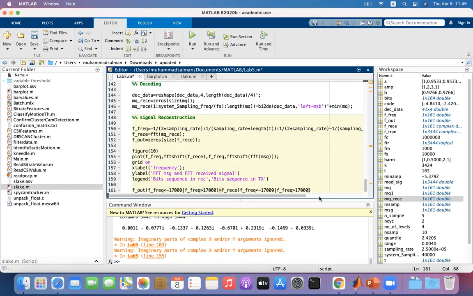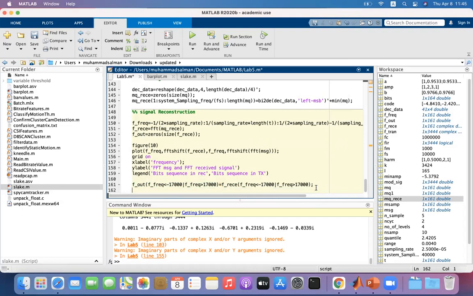Okay, now I have to apply some gain here. So gain means, for example, I'm saying that gain is equal to 4. It means I want to increase the amplitude of the received signal by 4 times, which means that I'm putting some power amplifier there.